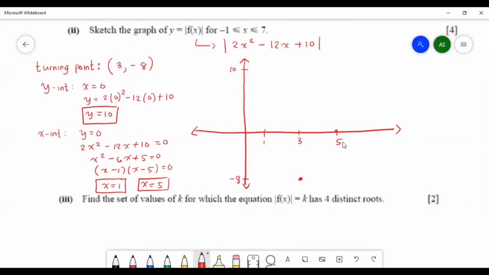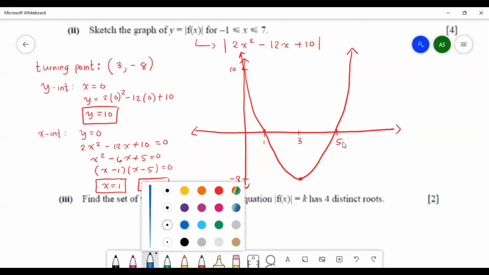This is the first point, second point, third point, and the y-intercept. So this is a quadratic function, so it must be a U-shaped curve. Okay, so connect the points. Sorry, my graph is not drawn to scale. You will have this. Okay, now let me change the color for the modulus.